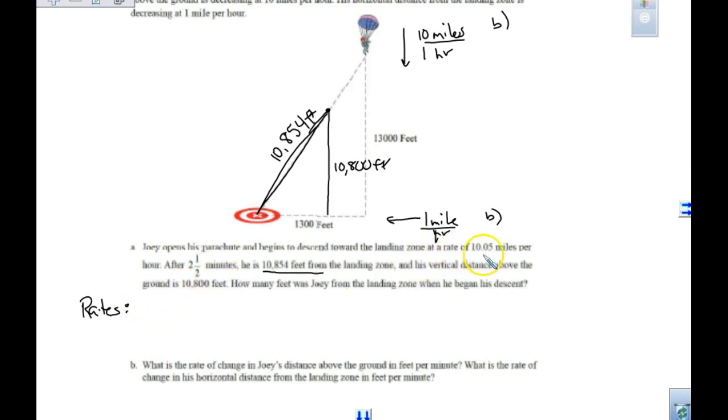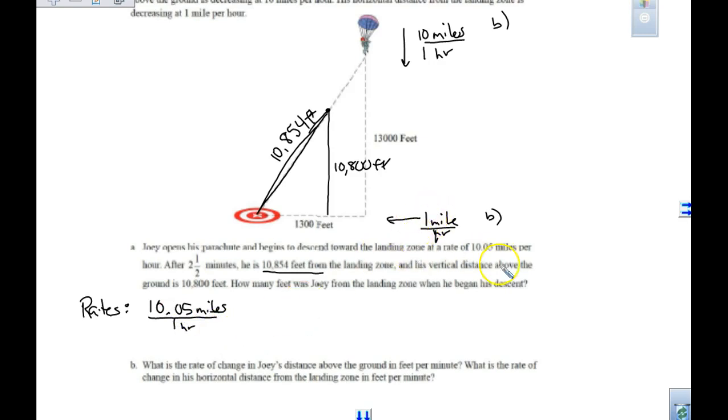So we are going to start off with what do we know. If you were given a question like this on the quiz next week, Wednesday, you're going, where do I start? Start with what we know, that he was going at a rate of 10.05 miles per hour. So we're going to start with 10.05 miles per 1 hour.